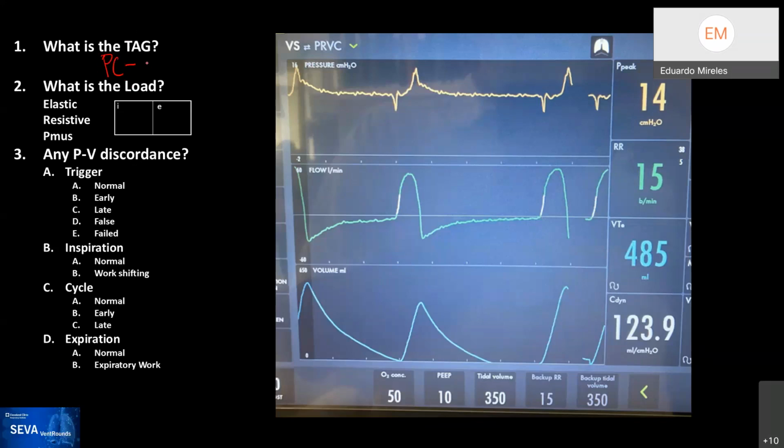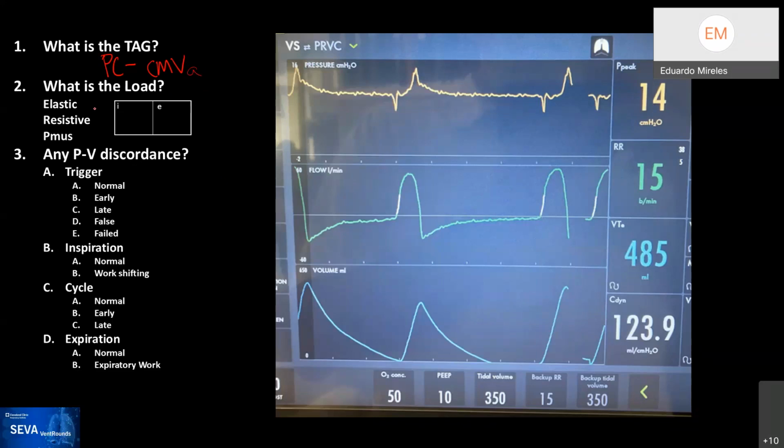Triggered by the patient, but still cycled by the ventilator. What is the load?